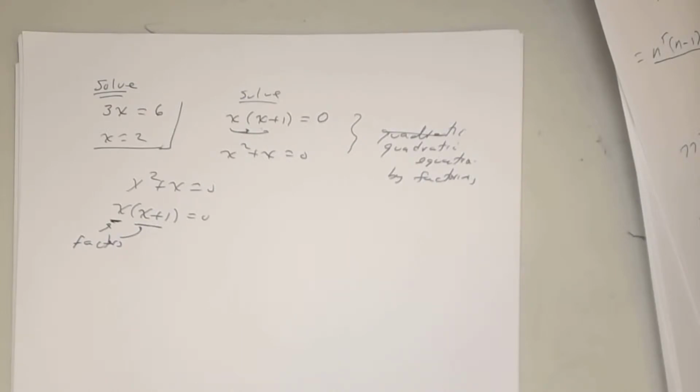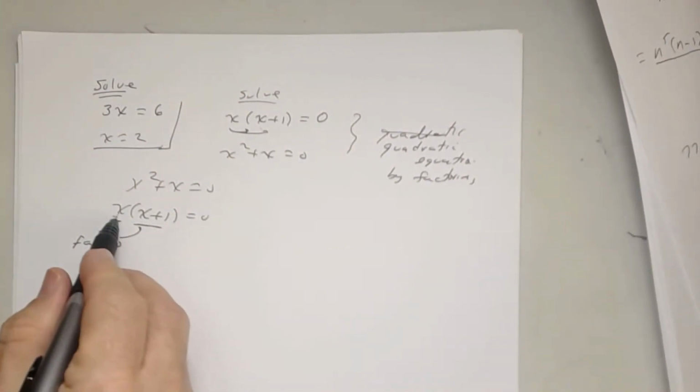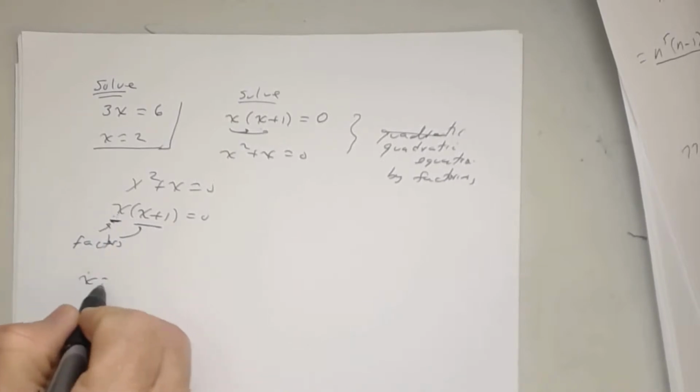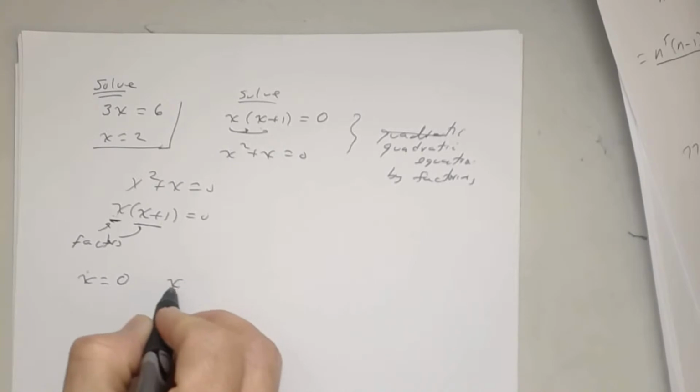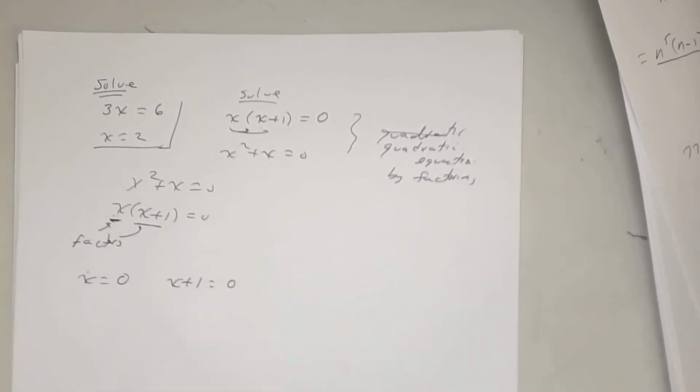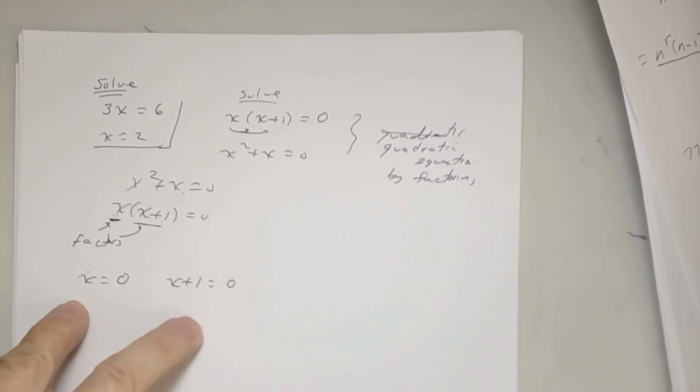So what we do is we set each of those equal to 0. So what's this factor right here? X, I got to set it equal to what? 0. What is this factor right here? I got to set it equal to what? 0. So notice I went from a quadratic equation to two linear equations.